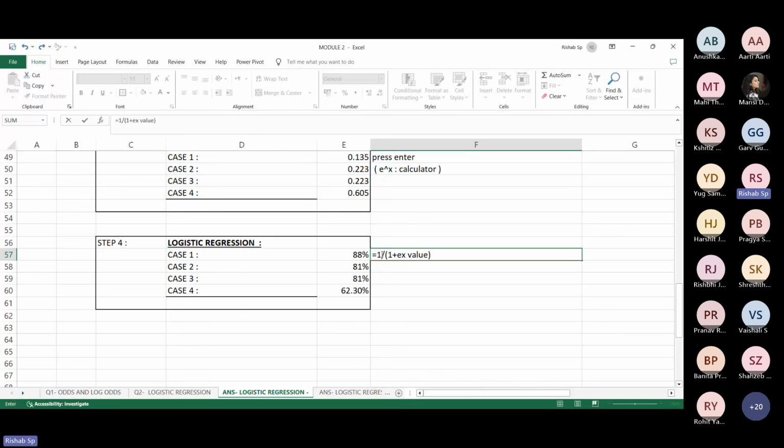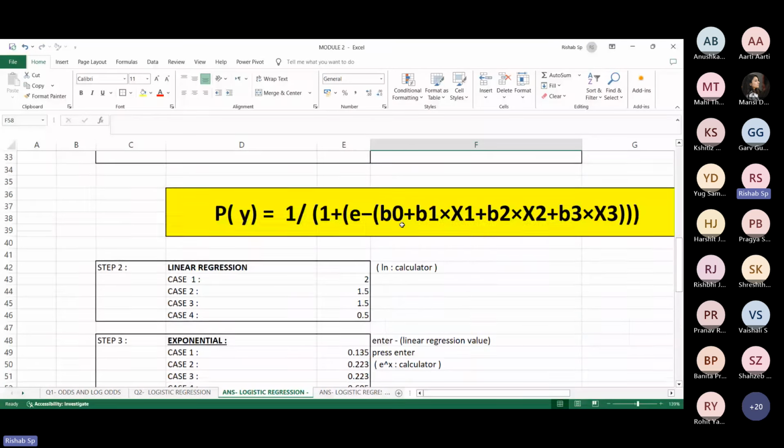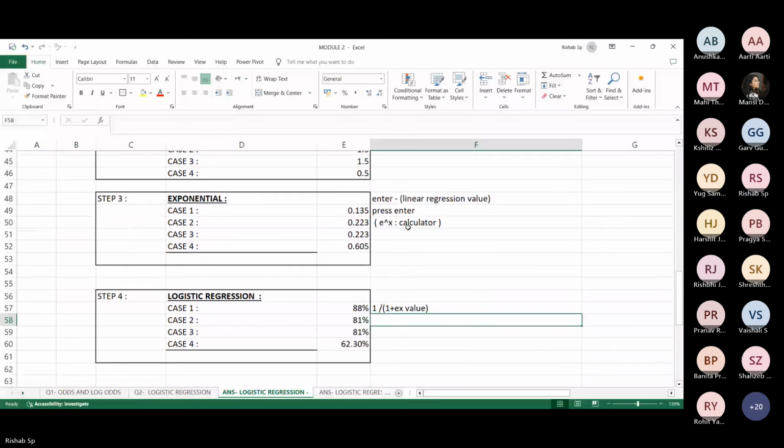Bracket should be there, it's important. If you're doing mental calculation, it's fine, but it might lead to confusion. Whenever you are calculating the last part, you just put a bracket there, as per the equation, so there won't be any error.